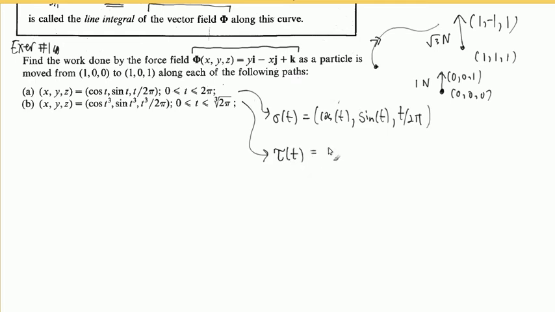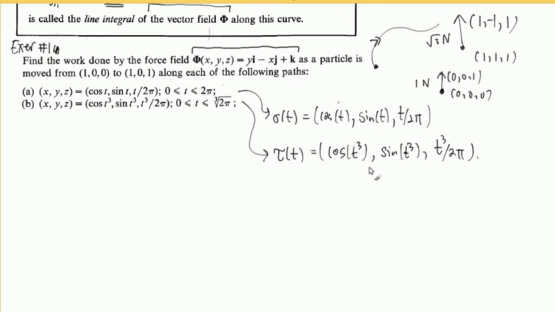Tau of t is cosine of t cubed inside, sine of t cubed inside, and t cubed divided by 2 pi. Alright, this looks like a helix, right? Cosine t, sine t, that's the projection onto the x and y plane. And t rises constantly. So that's the helix that I showed you earlier.